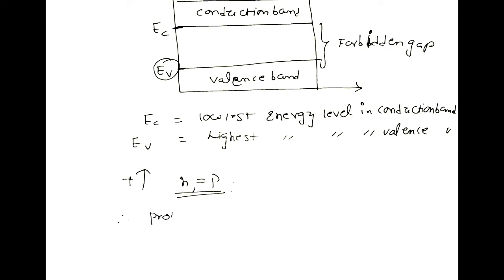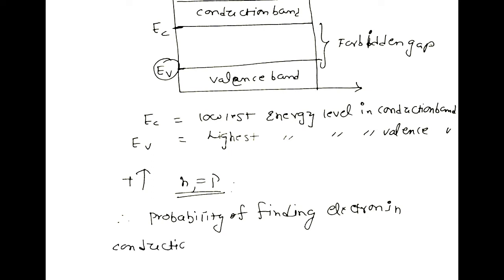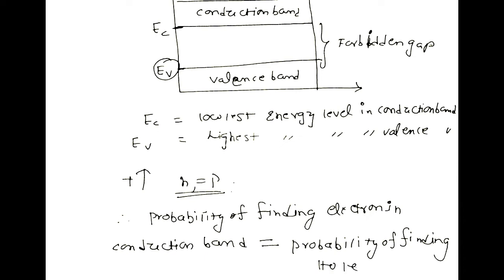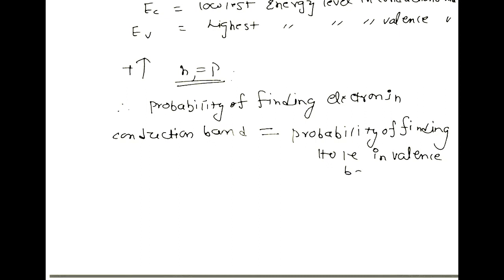Therefore, probability of finding an electron in the conduction band is equal to probability of finding a hole in the valence band.